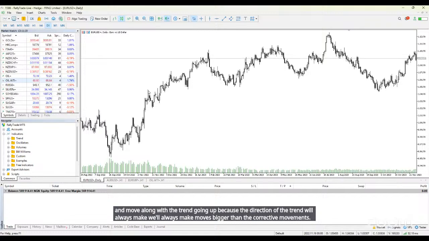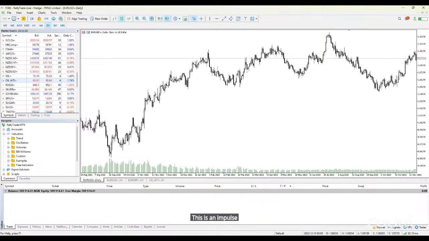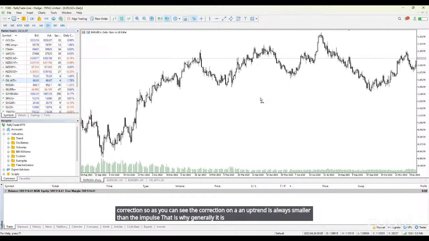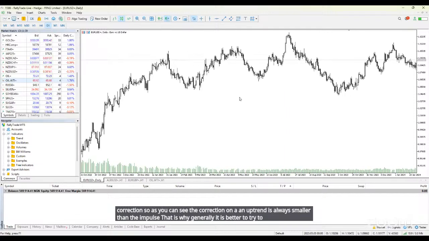This is an impulse, this is a correction. Impulse, correction, impulse, correction. As you can see, the correction on an uptrend is always smaller than the impulse. That is why it is generally better to trade with the trend, not against it.